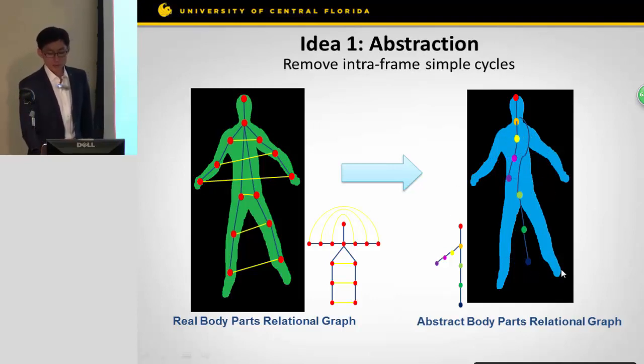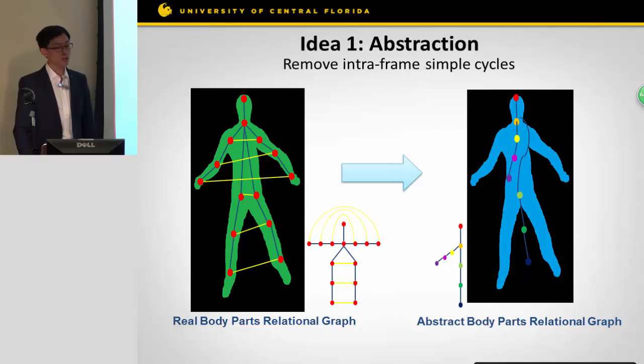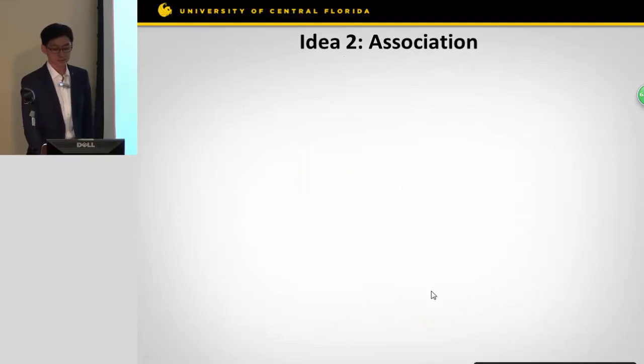And then we will have a new graph. And this new graph has a tree structure. The inference problem for this tree structure can be solved very efficiently by dynamic programming. And since in this graph, the nodes only represent abstract concepts for the body parts, we call this new graph the abstract body part relational graph.